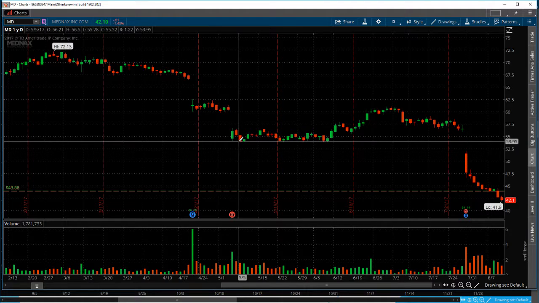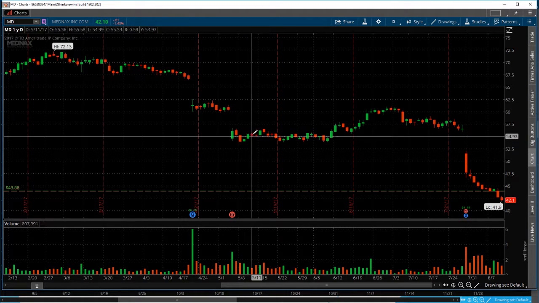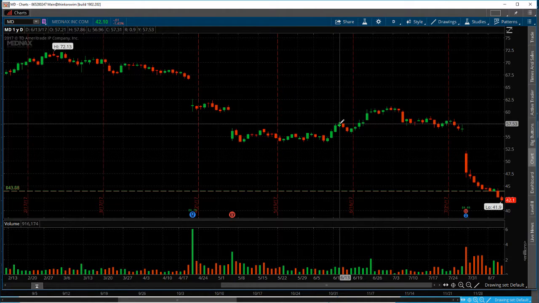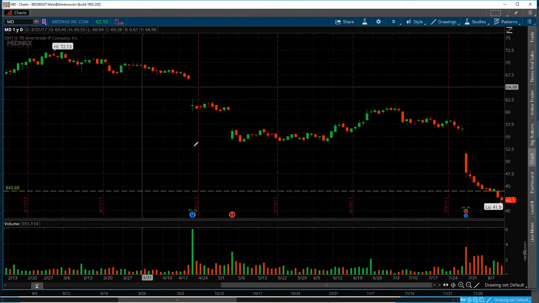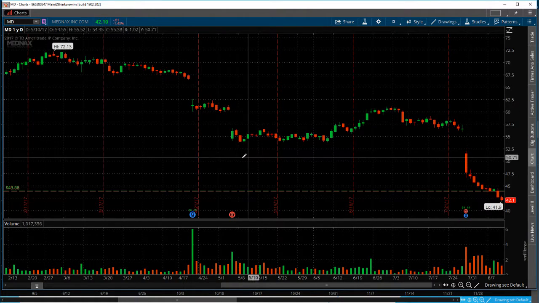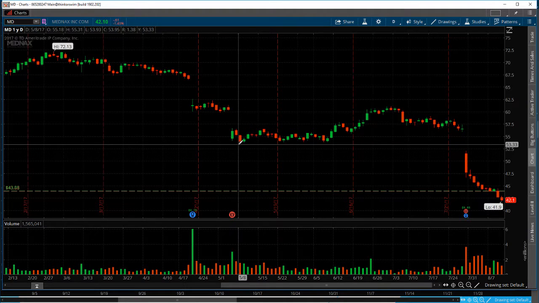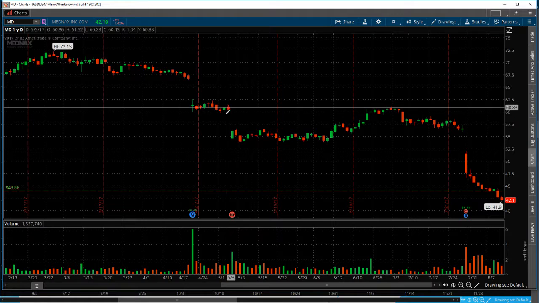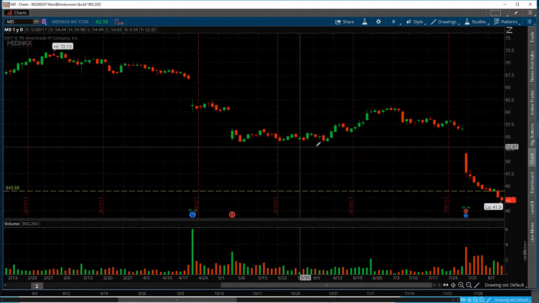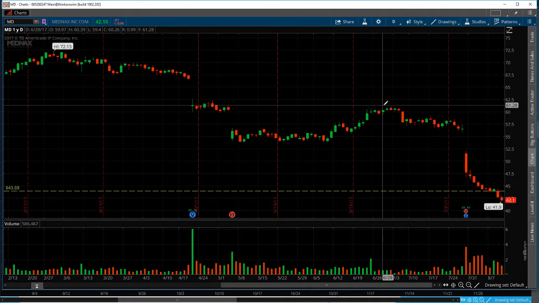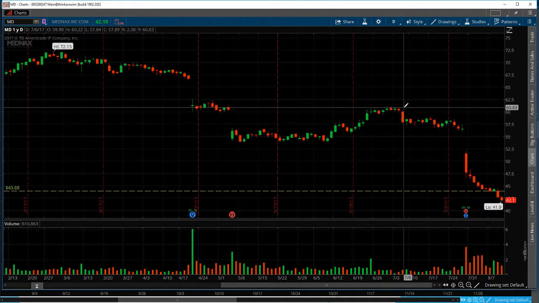We had a gap down, we traded sideways, and this stock is not really clearly making any direction. This mess is when you're not swing trading anything. Anytime a stock is consolidating, if it's consolidating on the bottom, we're in phase one. If it consolidates on the top, we're in phase two.